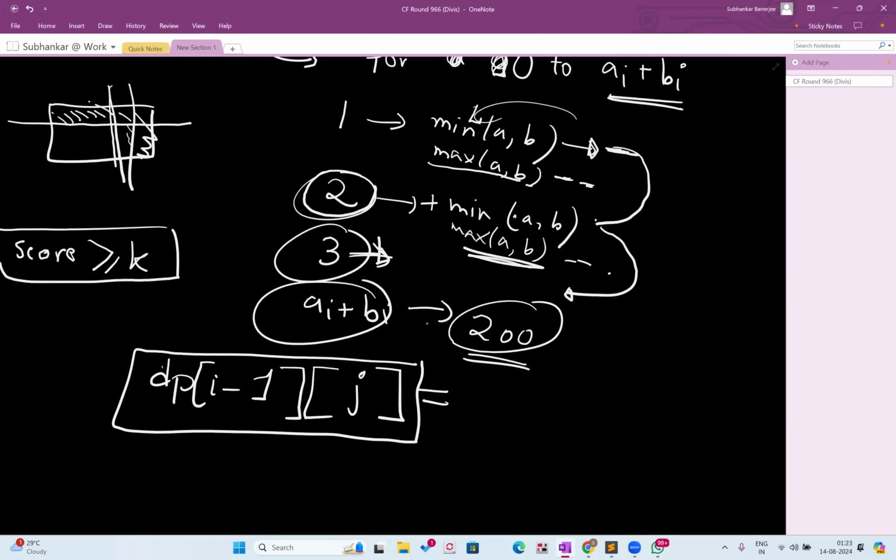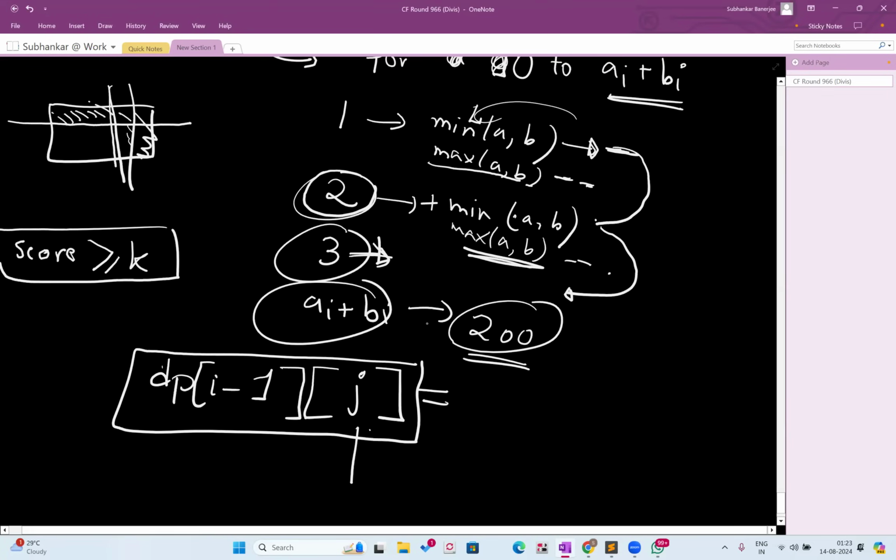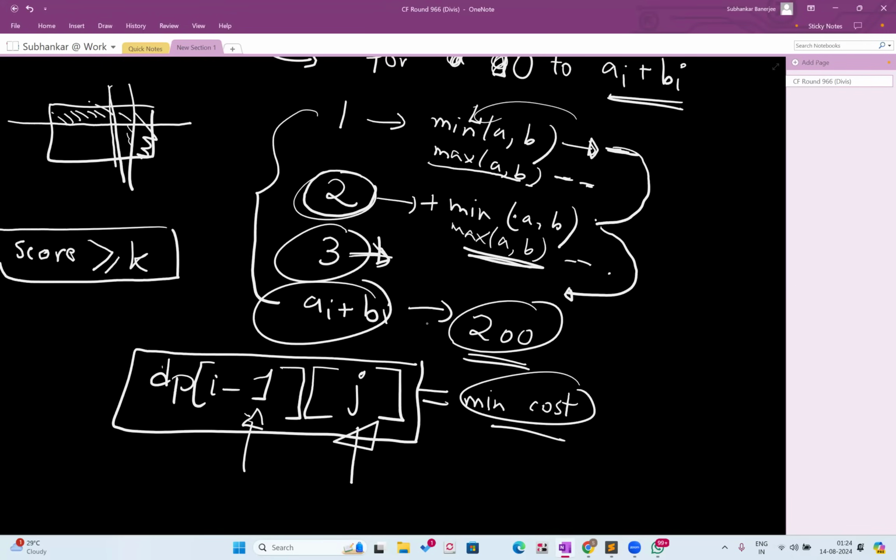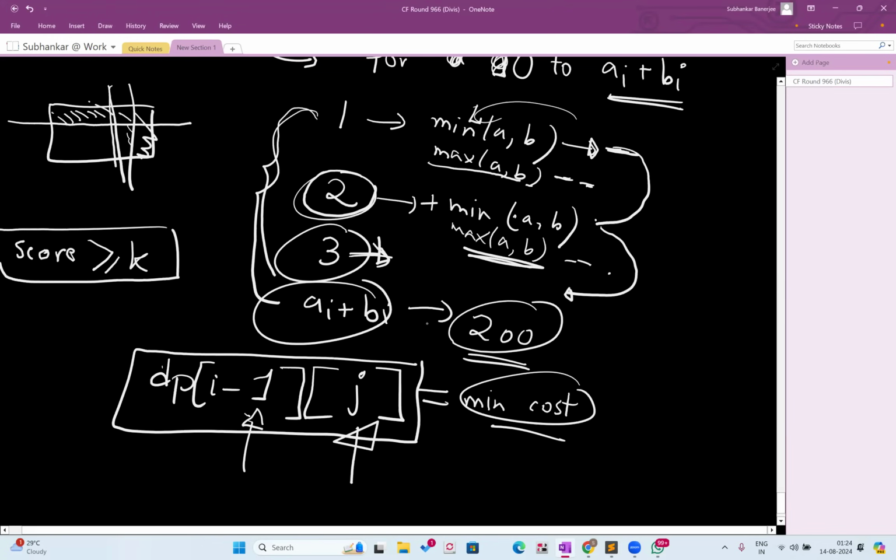Up till I minus 1 and score j, I minus 1 things I have already taken into account, and I have a score j with a minimum cost. And now I can add these numbers to my score with particular costs which I have to calculate, which will be calculated by this method.